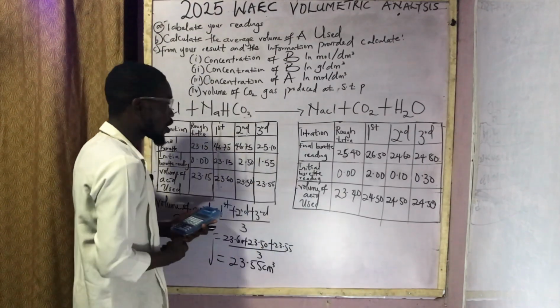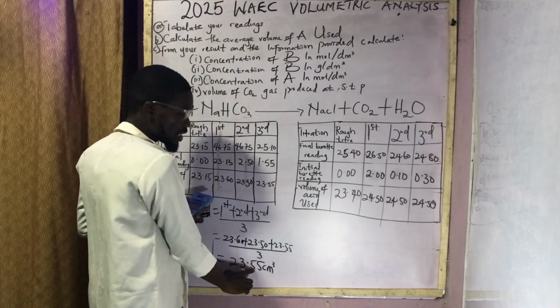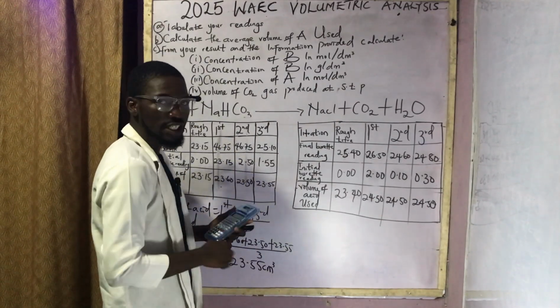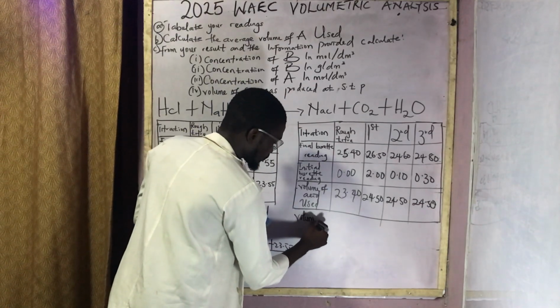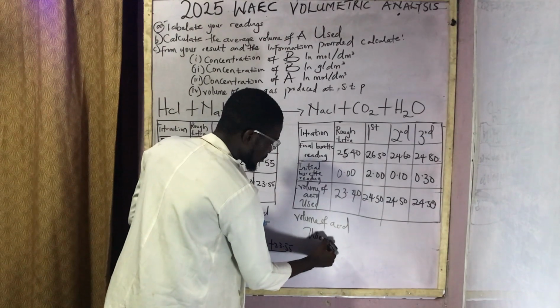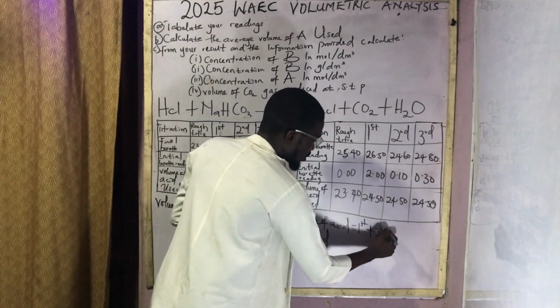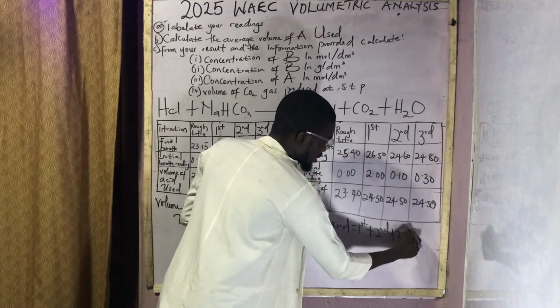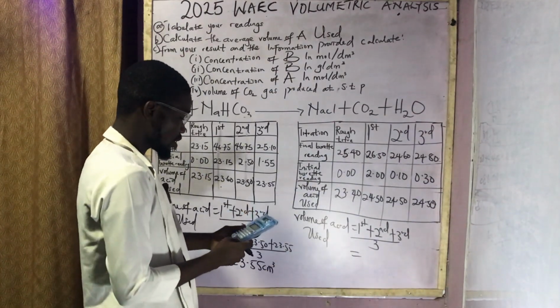Now the next one, for the second table of values. For the first table of values we have 23.55 cm cube, while for the second table of values, the volume of acid used is equal to the first titer plus second titer plus third titer divided by 3. So let's take a look at that.